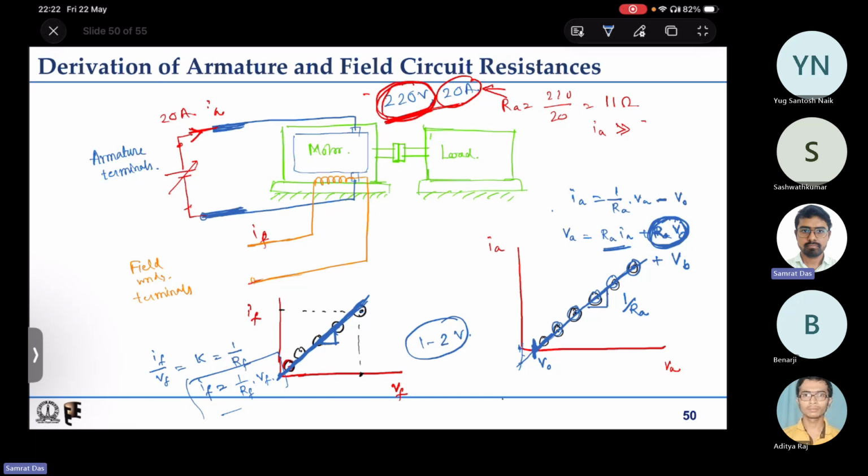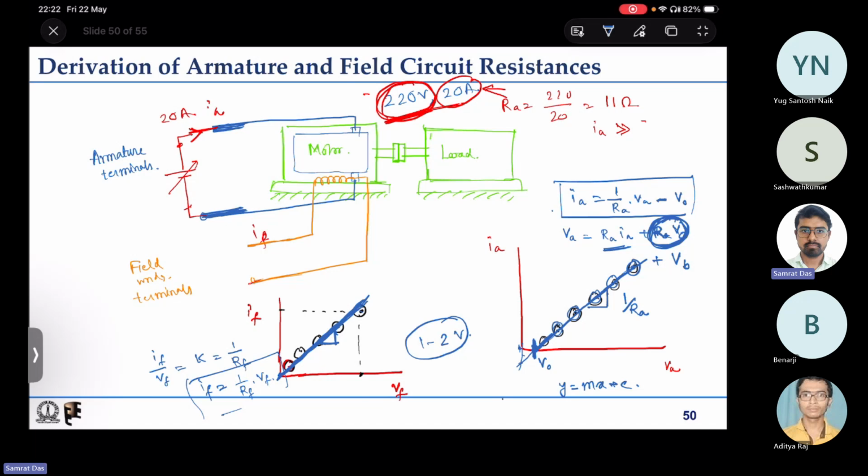Typically we find that there is some y-axis intercept, and if we write down the equation for that, the first one, say Ia equal to, so this is y equal to mx plus c, the equation of the straight line.